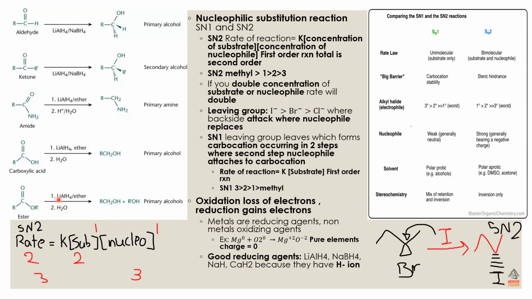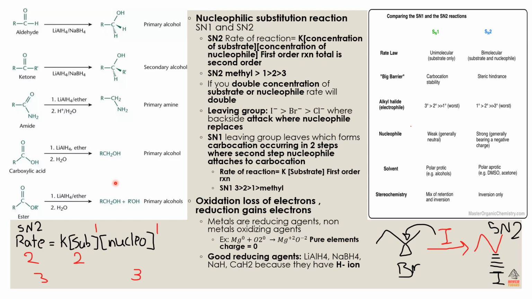With the aldehyde, it occurs in one step and includes a good reducing agent, LiAlH4 or NaBH4. But with the carboxylic acid and the ester, it involves the addition of water, and it also involves the reducing agent LiAlH4 or an ether.